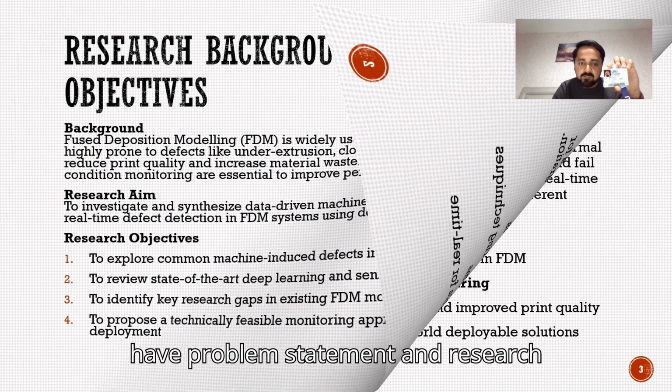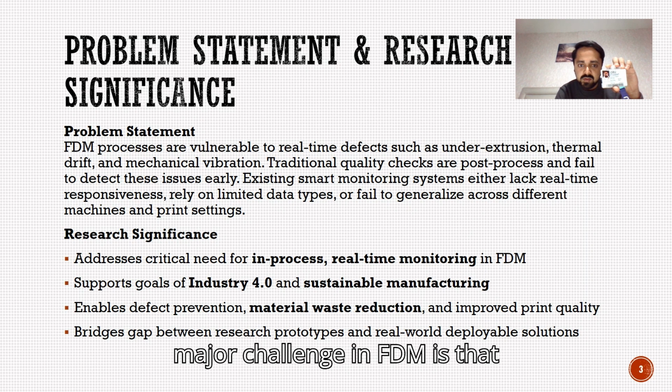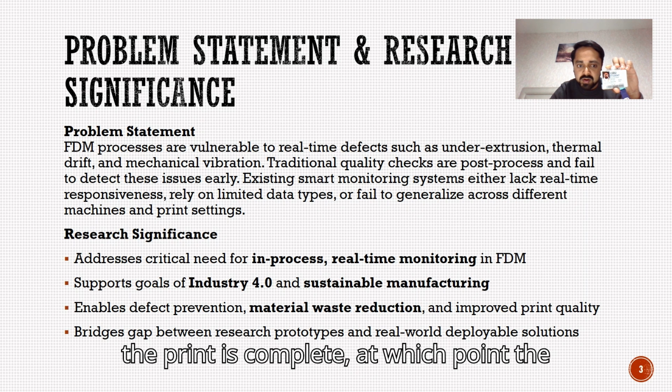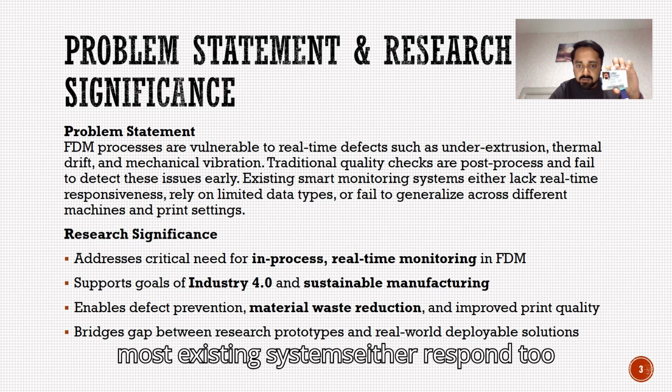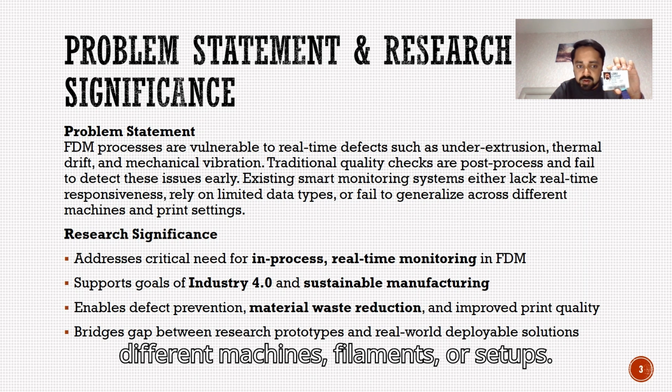So next up, we have problem statement and research significance. So one major challenge in FDM is that many defects aren't detected until after the print is complete, at which point the damage is already done, right? So most existing systems either respond too slowly or lack flexibility to work across different machines, filaments, or setups.